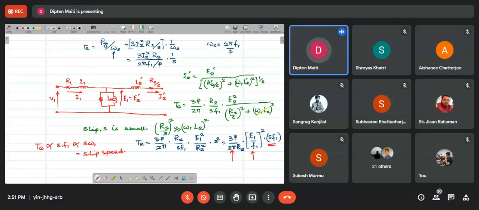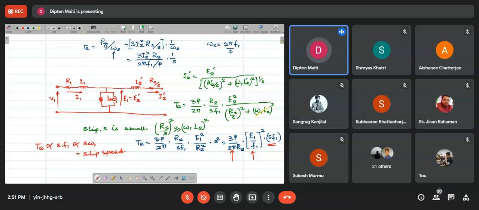And to maintain the E by F constant, once we change the frequency, we have to change the voltage, or if we change the voltage, we have to change the frequency correspondingly, such that we can maintain the E by F constant.